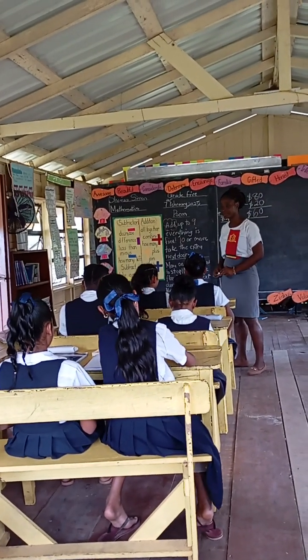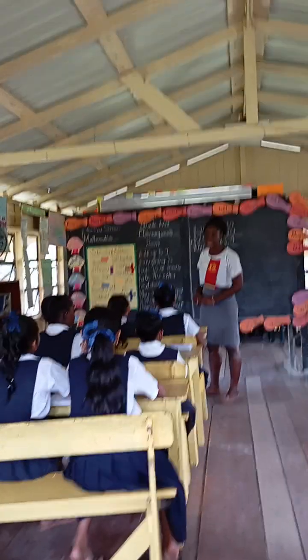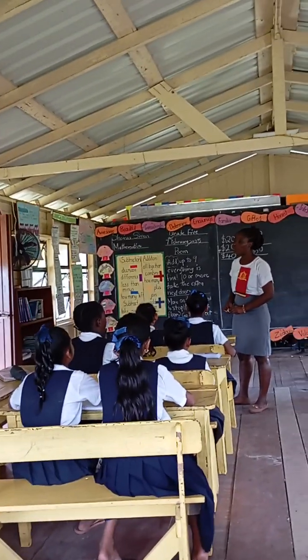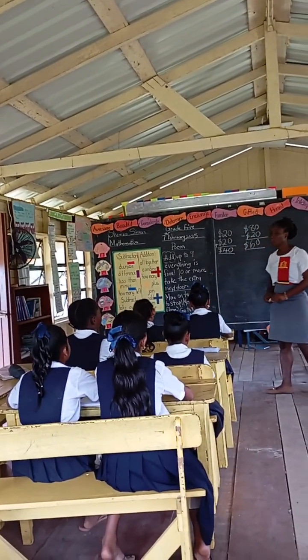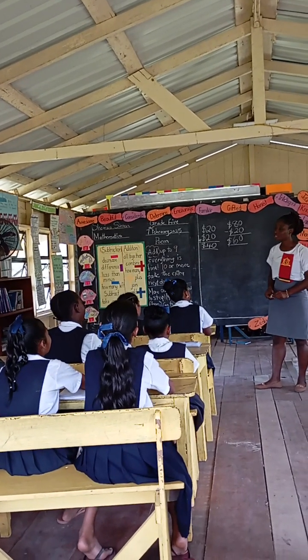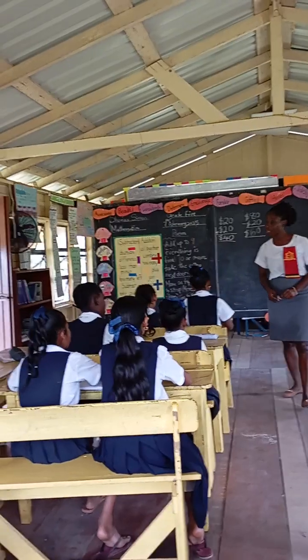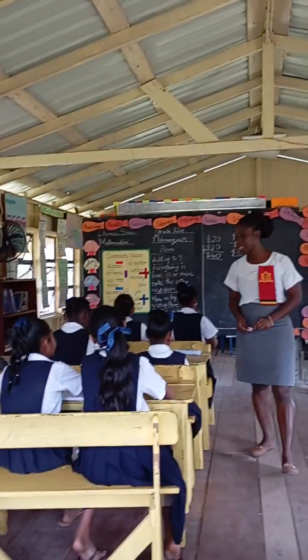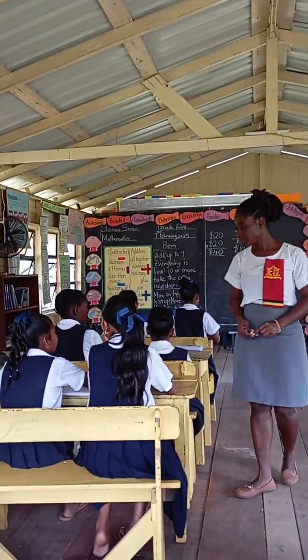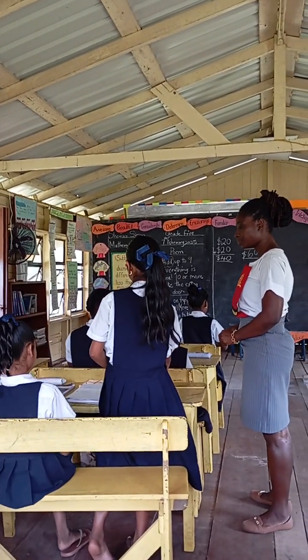What do we get when we add? More. And what do we find for? The sum. Alright, starting from the back, you're going to say what you've learned. Stand up and say. One person will speak at a time.